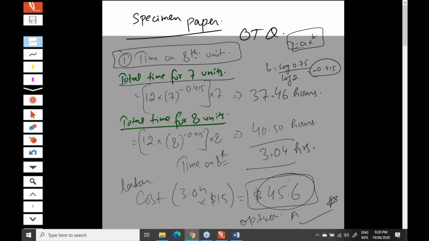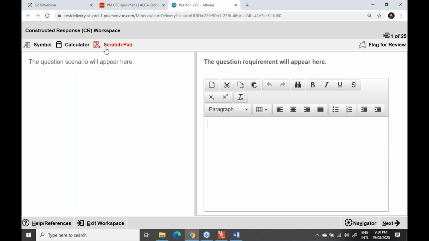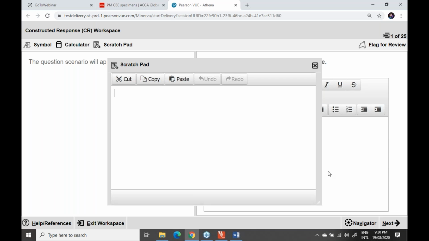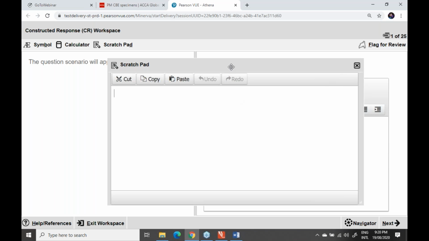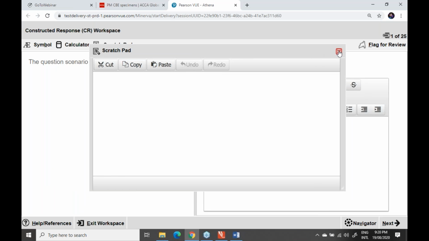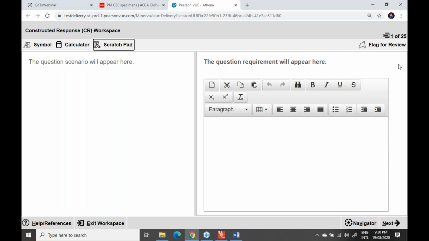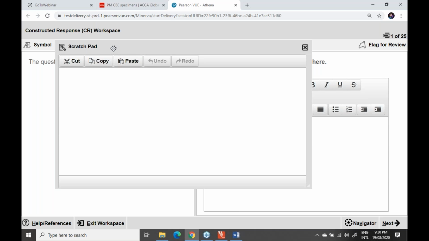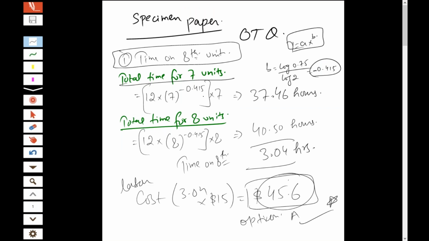So you need to use the scratch pad that is available here. You will be calculating on your calculator, but you will not be able to write using pen and paper.